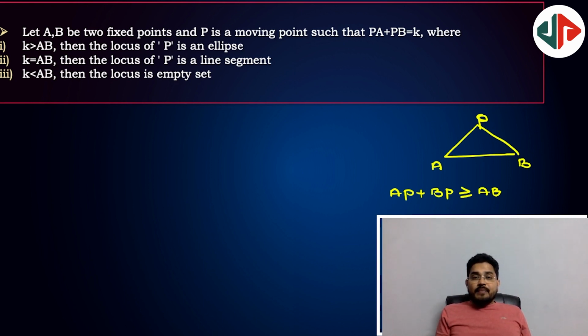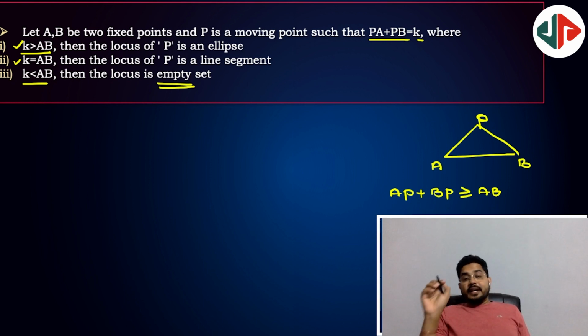So that's why, if PA plus PB is equal to K, K greater than AB is one case and K equal to AB is one case. Now K less than AB, we are saying it is the empty set. So no chance of getting AP plus BP less than AB. There is no point in the plane which satisfies AP plus BP less than AB.